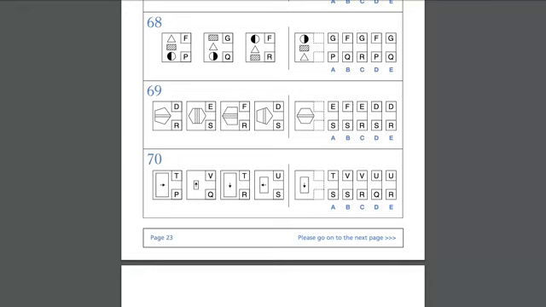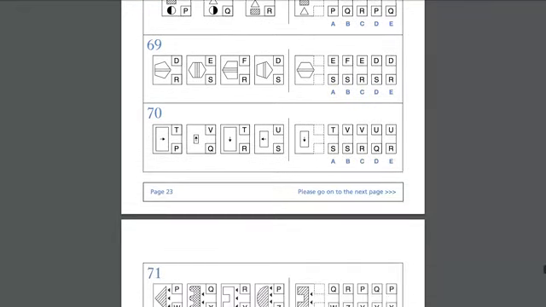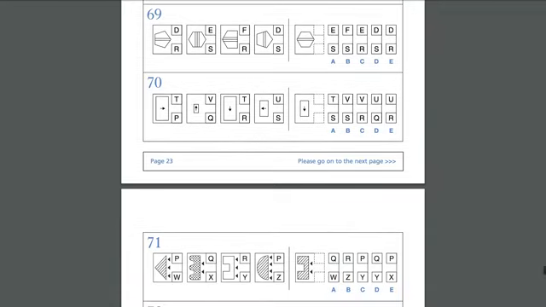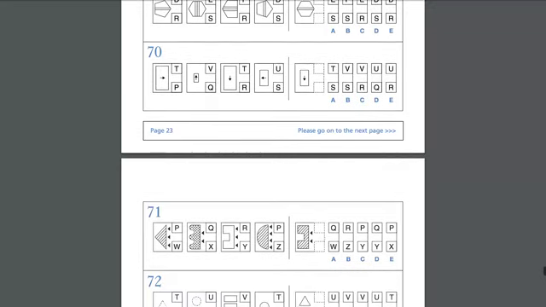What about 69? Again, we are looking at what's happening. Yeah, 69 is E. Good. What about 70? We are looking at the arrows in this one. Look at the arrows. Yeah, it's TS.